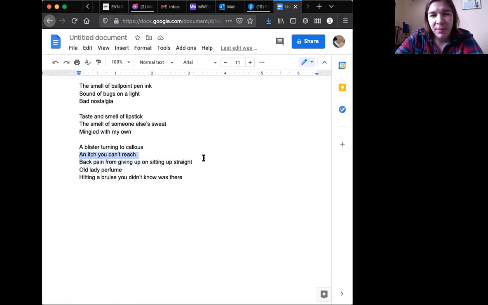I think I'm probably going to cut out the back pain, but I like an itch you can't reach next to back pain because that's where the itching is hardest, right? And also for whatever reason, it feels better when other people scratch your back. These are all observations that are worthy of writing down, but probably make them more eloquent when you do it.